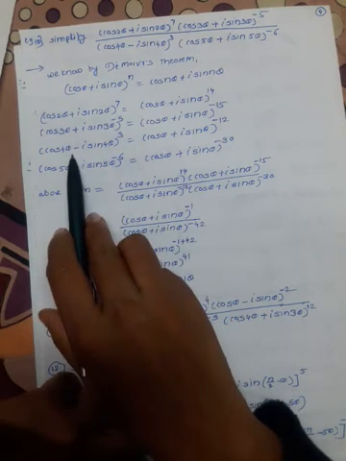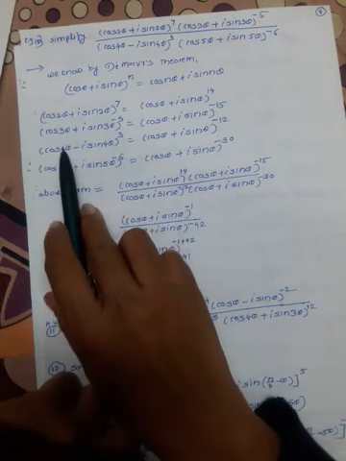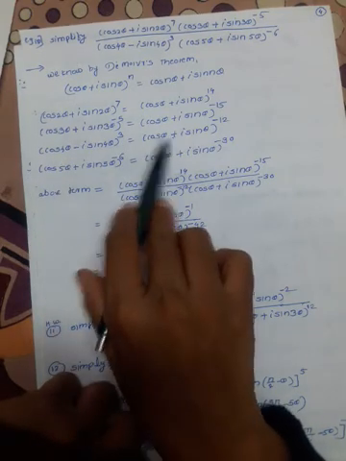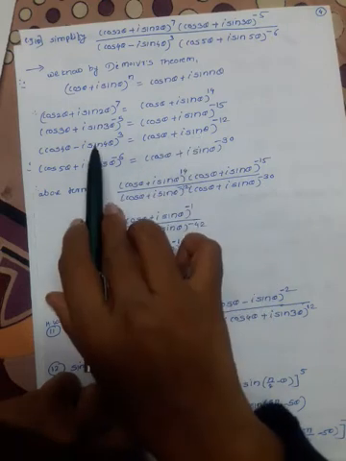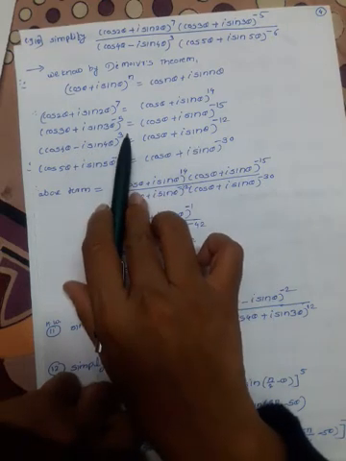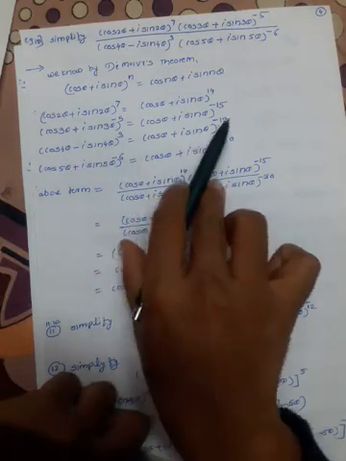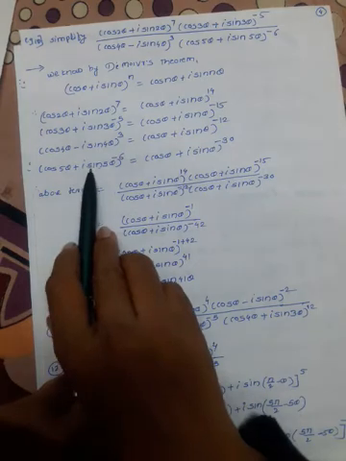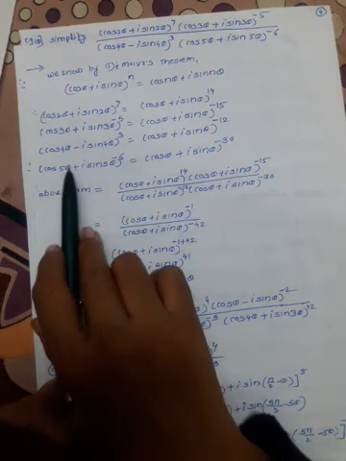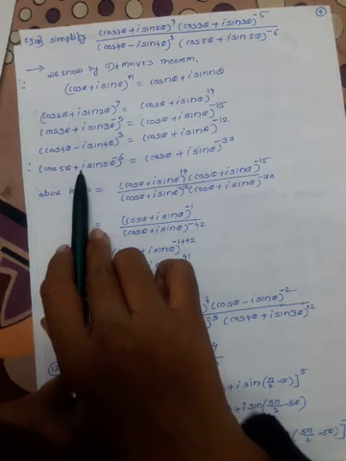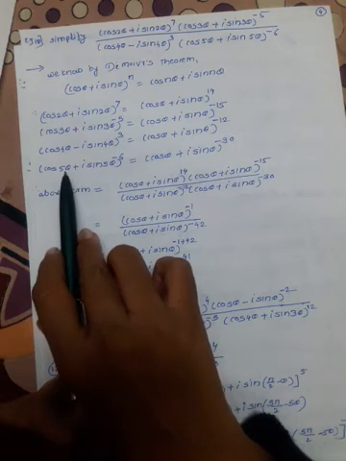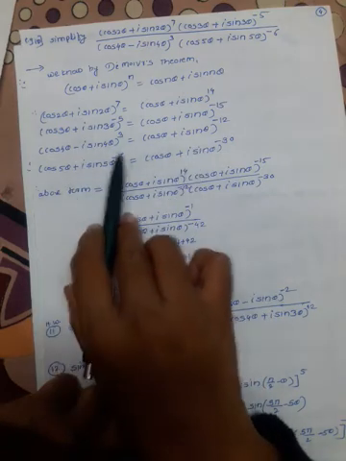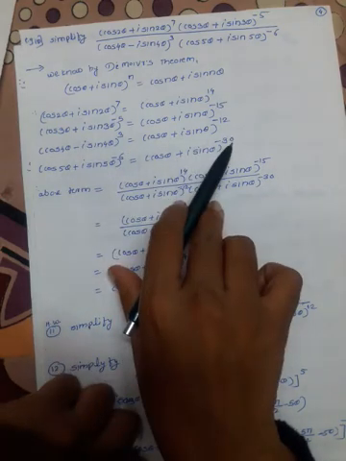Here the minus we also have to take to the index, and this 4 also, so it becomes (cos theta plus i sin theta) raised to minus 3 into 4, which is minus 12. Now the last bracket, (cos 5 theta plus i sin 5 theta) raised to minus 6. This is a positive sign itself, we don't need to change it, just take this 5 to the index, and we get (cos theta plus i sin theta) raised to minus 6 into 5, that is minus 30.